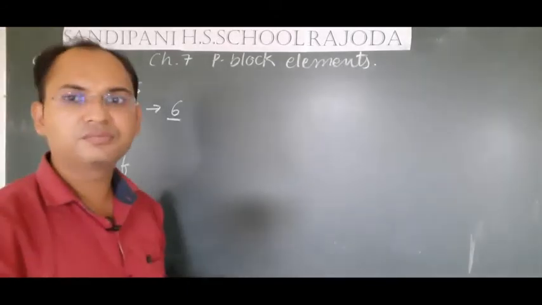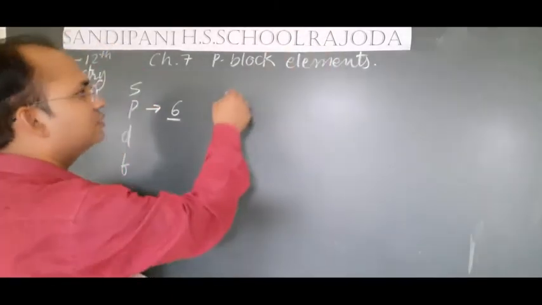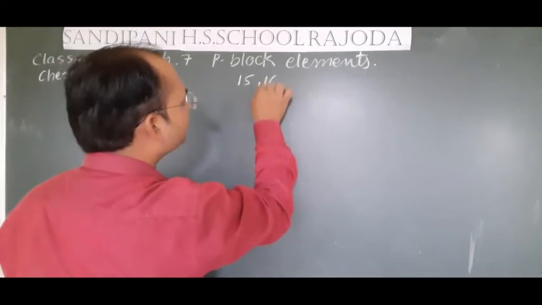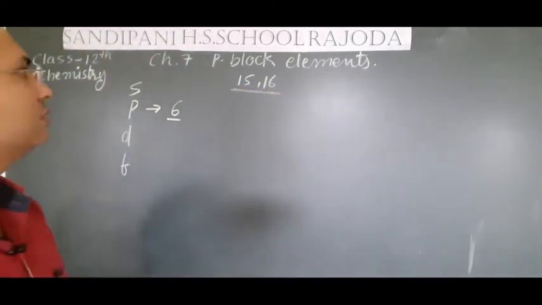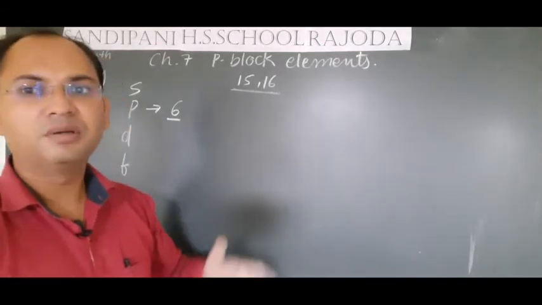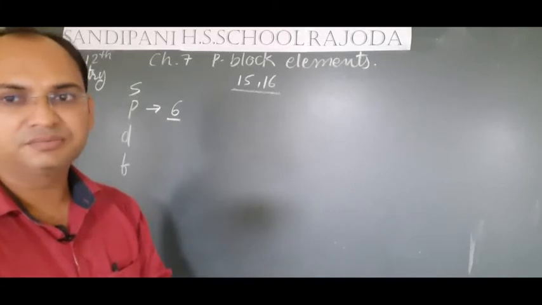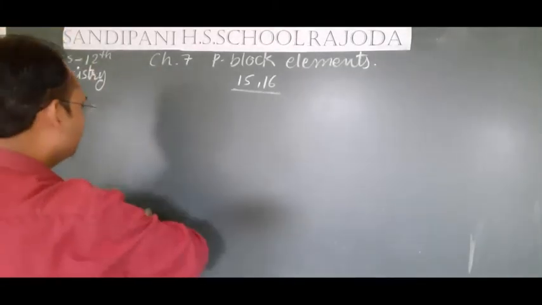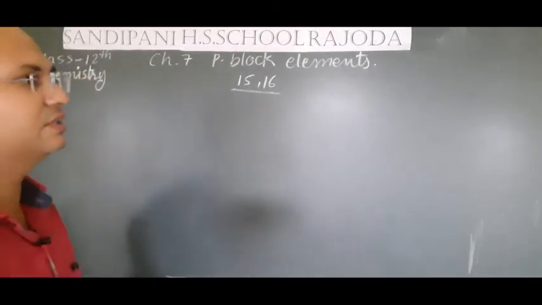In this chapter we will study about the group 15 and group 16 elements. So this chapter can also be known as the study about the P block elements of the group 15 and 16. So students, first of all let's see which are the main elements that are present in group 15 and 16.